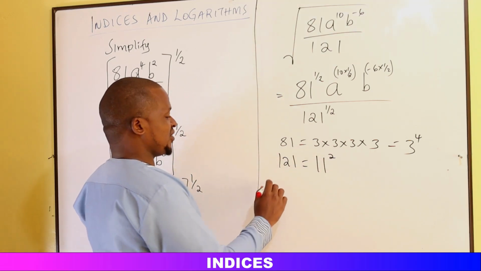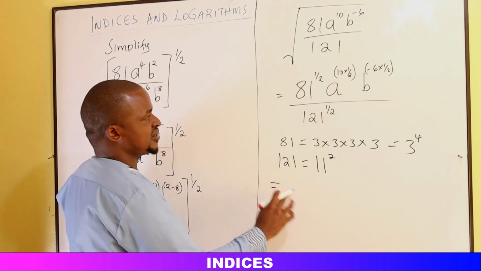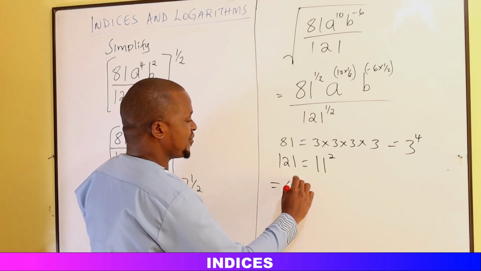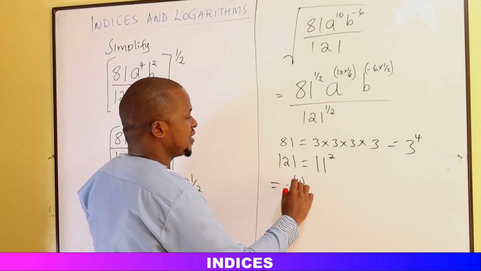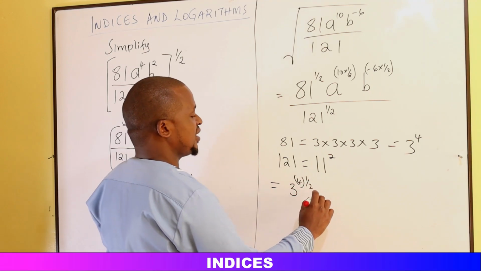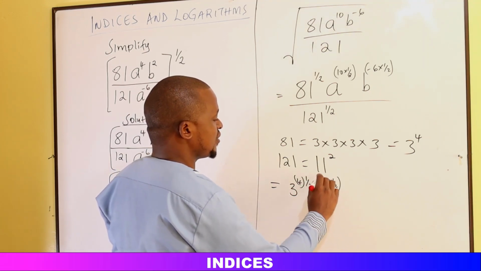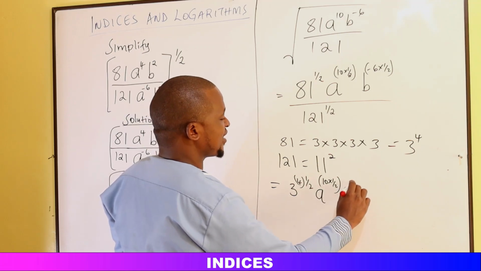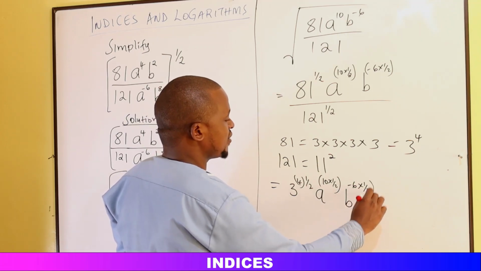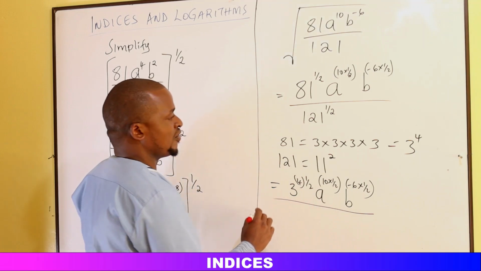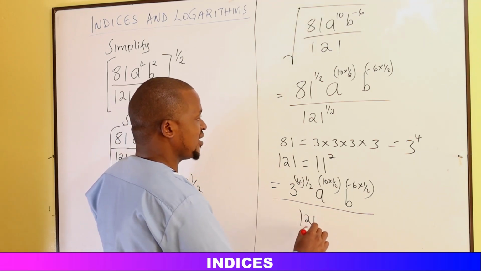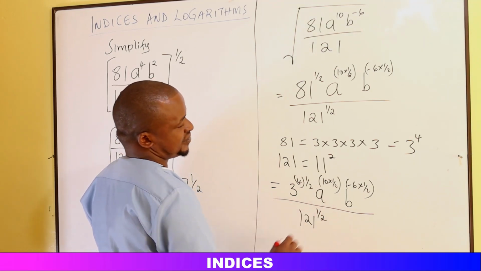So this becomes 3 raised to the power 4 times half, a raised to the power 10 times half, b raised to the power negative 6 times half, over 121 raised to the power half.